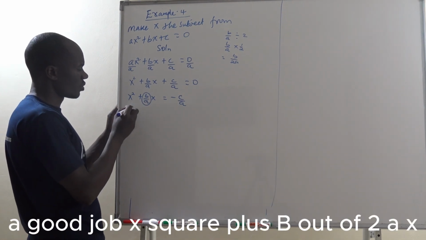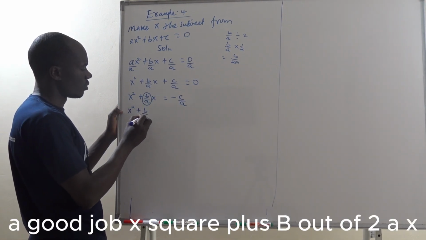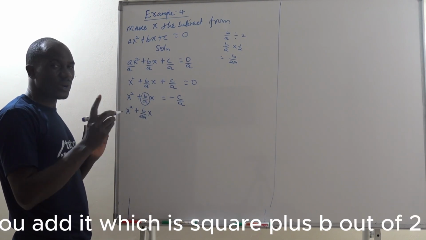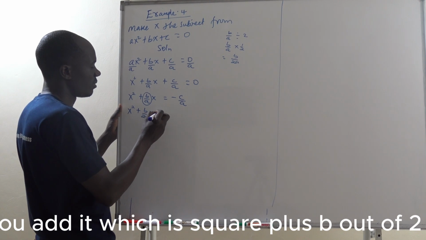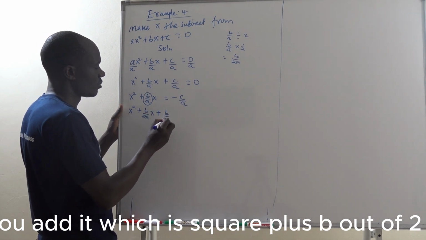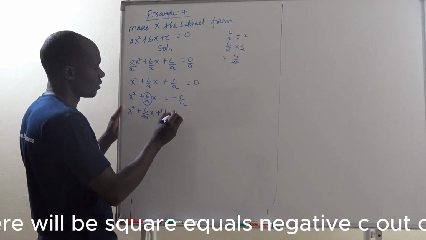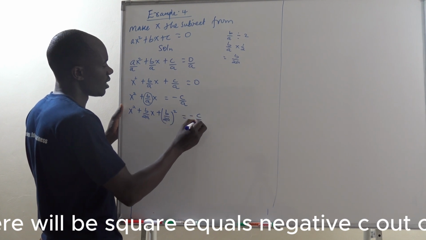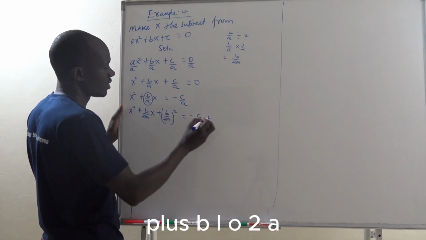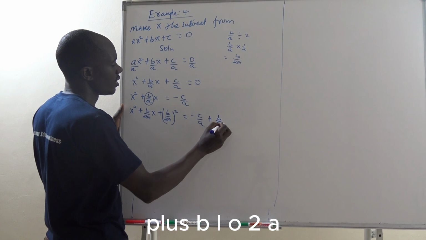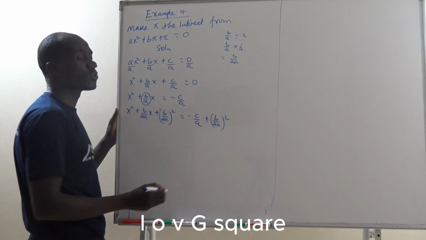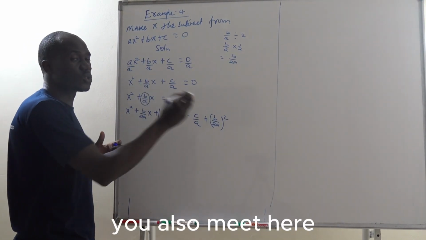We're going to have x squared plus b out of 2a x. And what you do here, you add it squared: plus b out of 2a, the whole of it squared, equals negative c out of a, plus b out of 2a, the whole of it squared. What you do here, you also do on the other side.